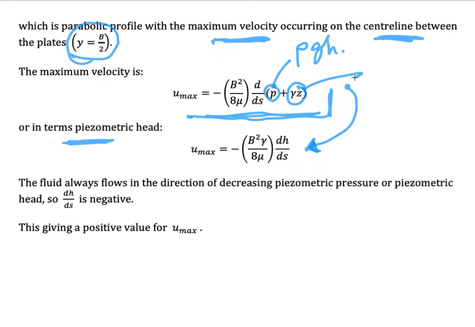So gamma z here, gamma is equal to rho and g. So if we have gamma z, it is also equal to rho g z. Both parameters here, the h and also the z, actually represent the height of the water depth, and it will give us the value of pressure.